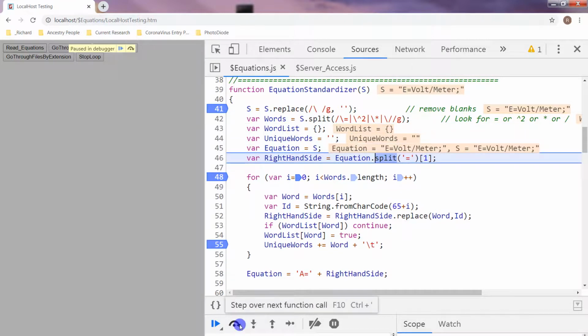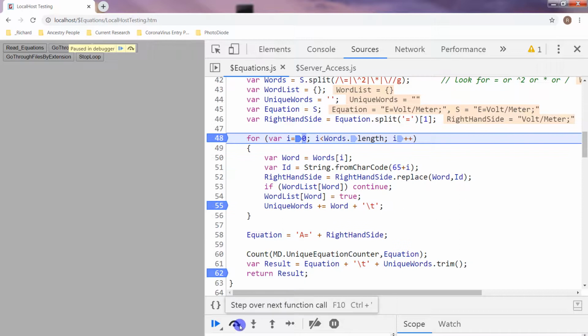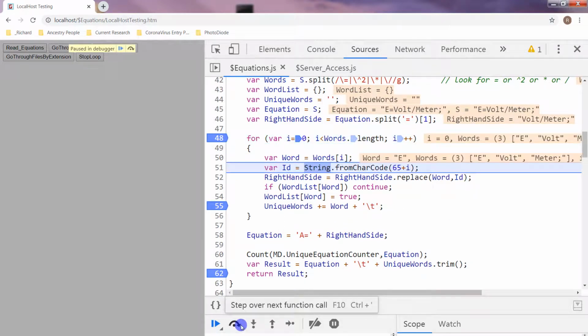I take the right-hand side of the equation there, and then I'm going to go and process it. So what am I doing? I take the first word, which is from the right, volt per meter.